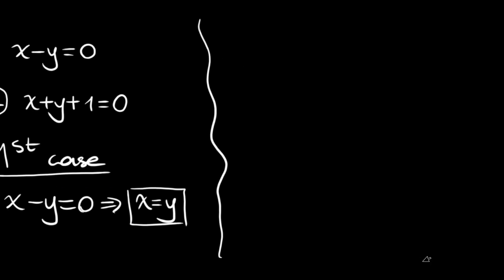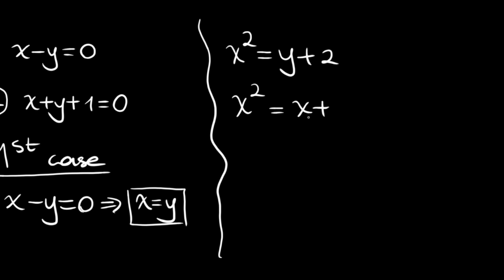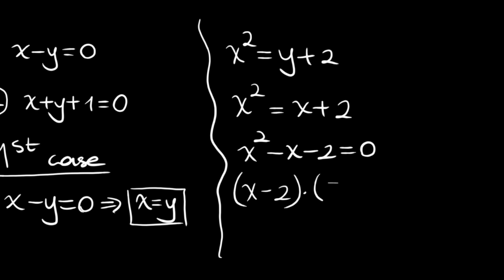Let's use this in one of our equations. Let's say the first one, we have x squared is equal to y plus 2, and we can write this as x squared equals x plus 2. From this we can write x squared minus x minus 2 is equal to 0, and this is a factorable quadratic. x minus 2 times x plus 1 is equal to 0.